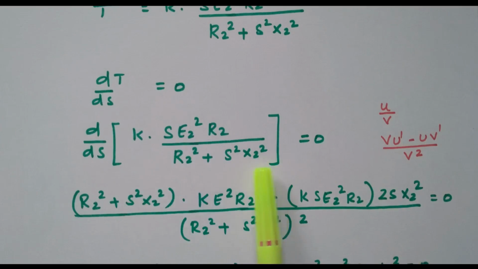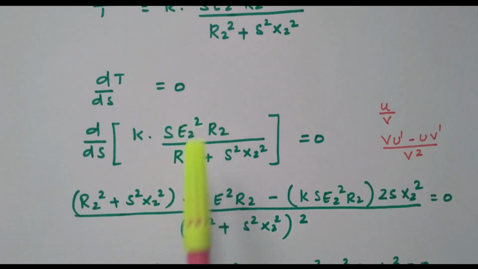V is this value, V dash means differentiate, and while differentiating this becomes 0. The differentiation of S square is 2S and X2 square, divided by V square. This V is available, you have to write it as V square, right? Now we differentiated this equation, V U dash minus U V dash divided by V square.